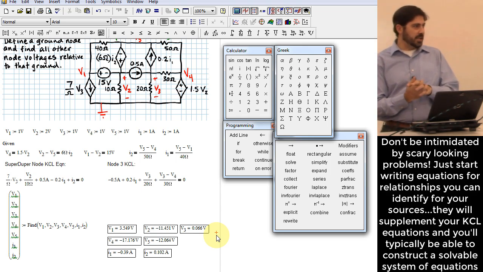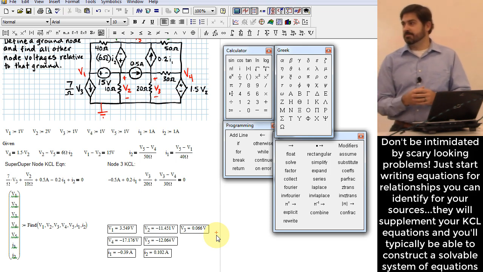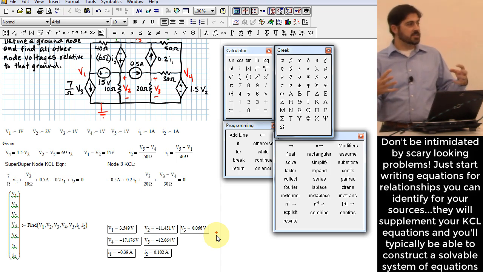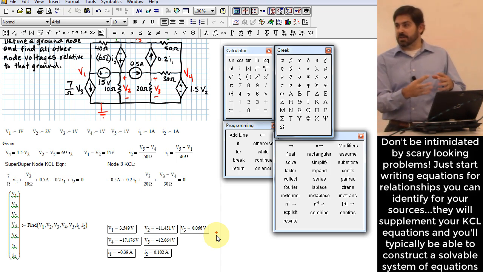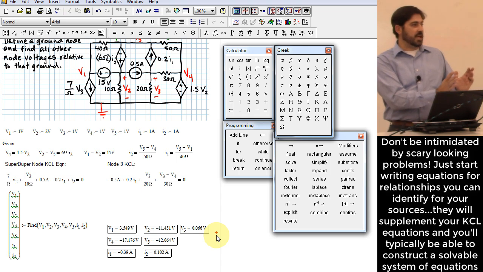That one looked scary at the beginning, didn't it? What did we do, though? Start breaking it down. You try to identify your supernodes. Do your KCL equations on your supernodes, if it's not part of the ground at least, right? Do your KCL equations on regular nodes also. That'll give you a certain number of KCL kind of equations. If you have dependent sources especially, a lot of times that will not be enough to just have those.